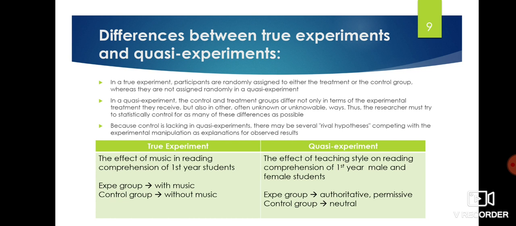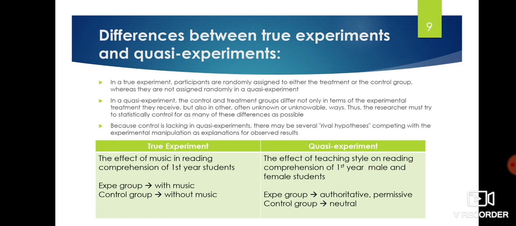But in quasi-experiment class, okay, wala kang total manipulation of independent variable because some of your participants are actually meron siyang pre-existing characteristic. Like for example, hindi mo pwedeng ilagay yung participants mo na authoritative sa permissive kasi yun yung talaga yung characteristic nila.